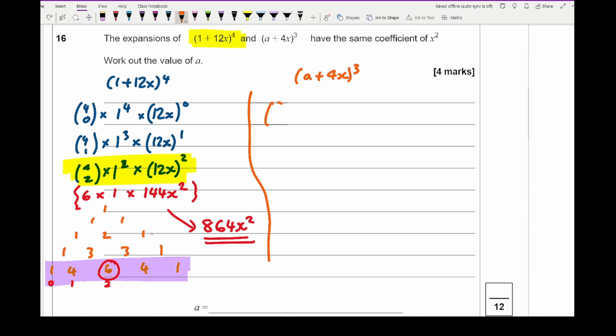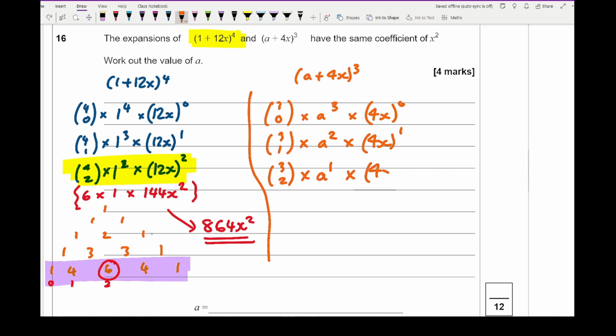So again, I end up with 3C0 multiplied by a to the power of 3 multiplied by 4x to the power of 0. Then it's 3C1 multiplied by a squared multiplied by 4x to the power of 1, and 3C2 multiplied by a multiplied by 4x squared. And it's this line that I'm wanting.